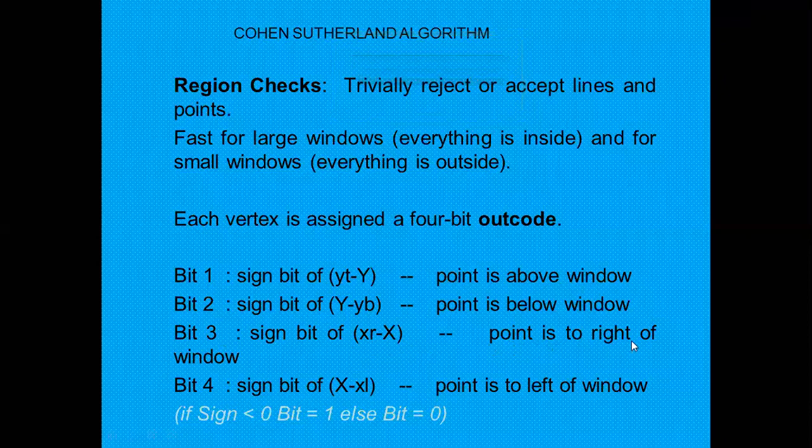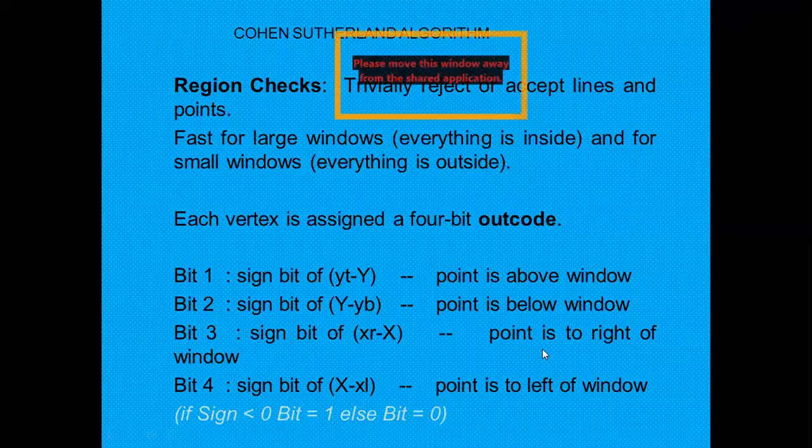The point is lying right of the window. With this judgment, you can draw the image here and test the value of bit 1, bit 2, bit 3, and bit 4. Similarly, we can check the value of bit 4, the sign bit of this, so the point is left of the window.